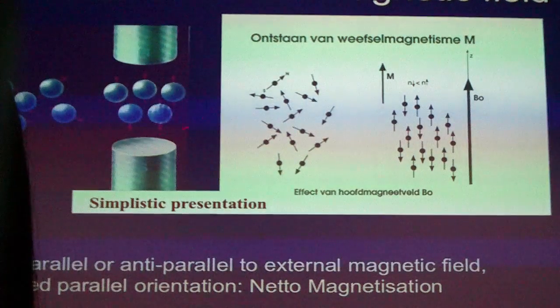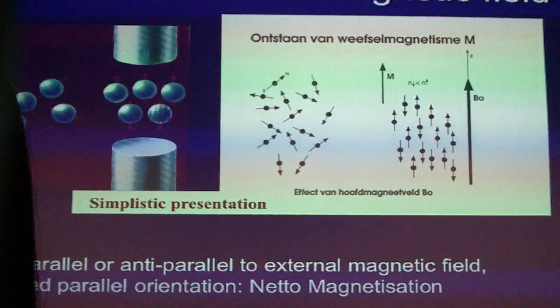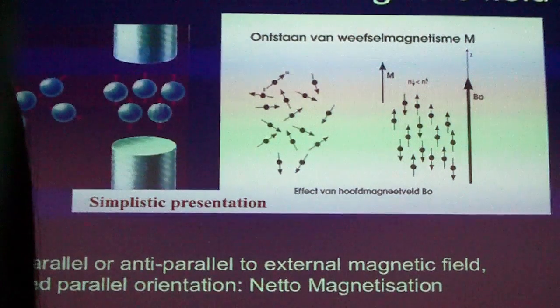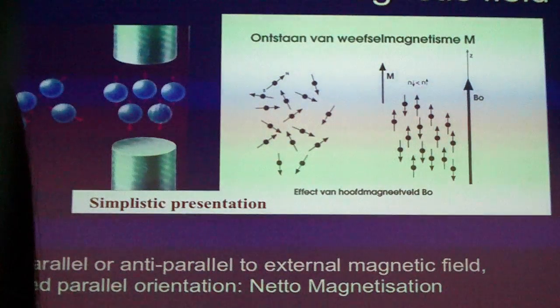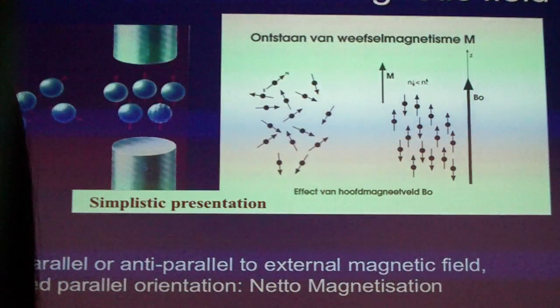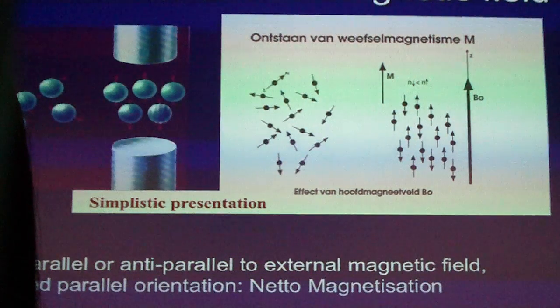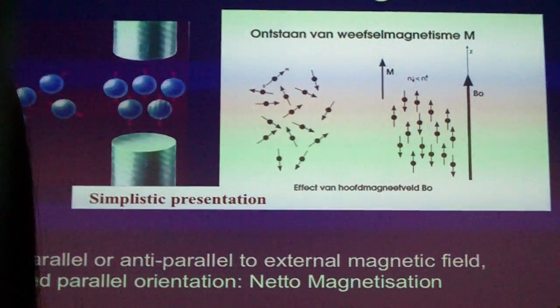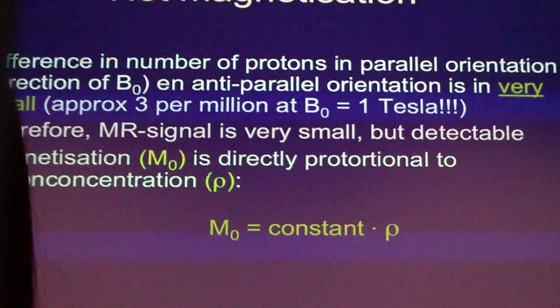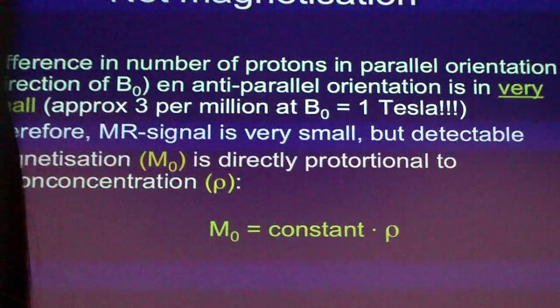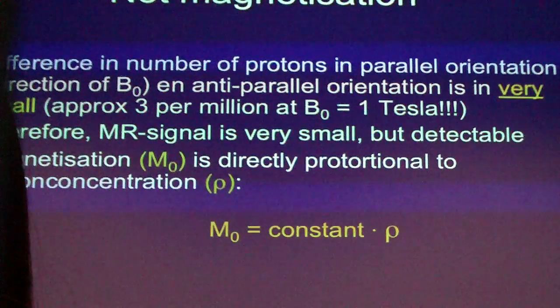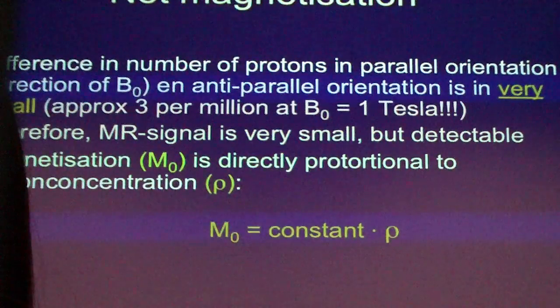From about 1 million spins in a 1 Tesla field, 3 more spins will have the up direction than the down position. So you see that this is a very, very small magnetization that we want to measure. So that's the challenge.